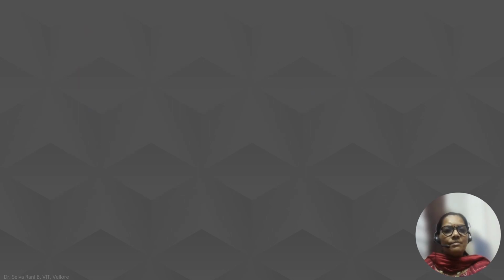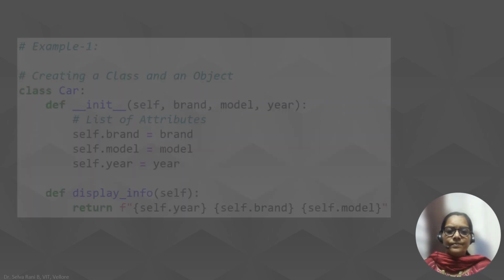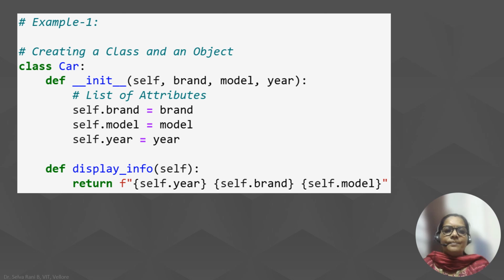Let's now see some simple examples for creating a class and an object. Here, to create a class, a keyword provided by Python is class, C-L-A-S-S, followed by the class name. Here I'm creating a class Car, and to this Car class I'm giving three attributes or properties: brand, model and year.